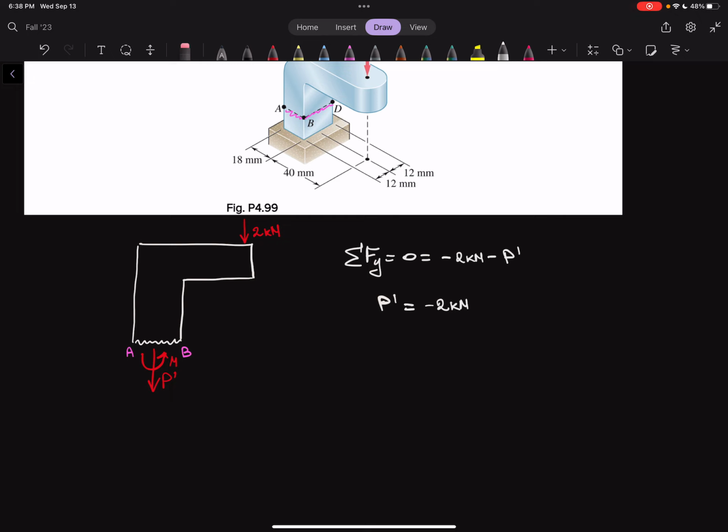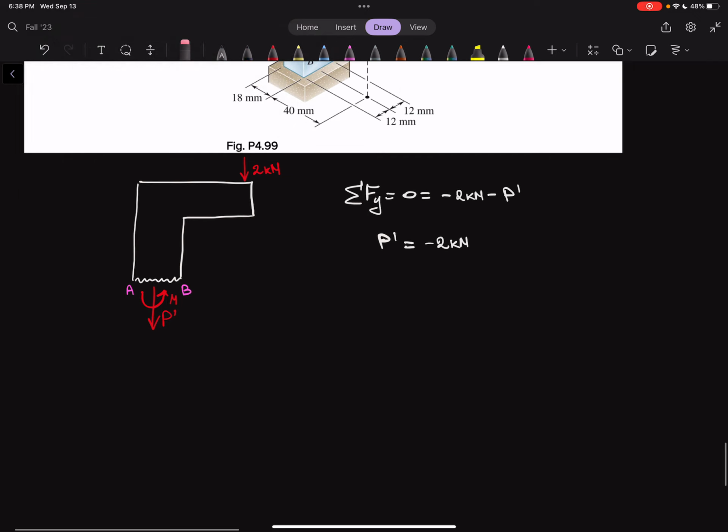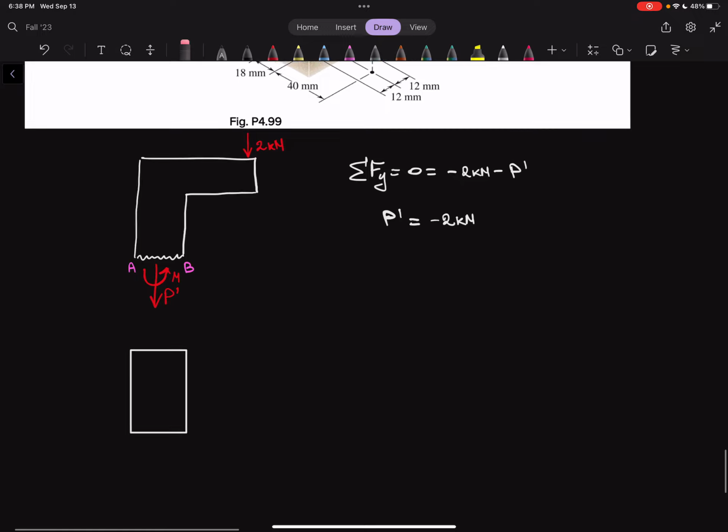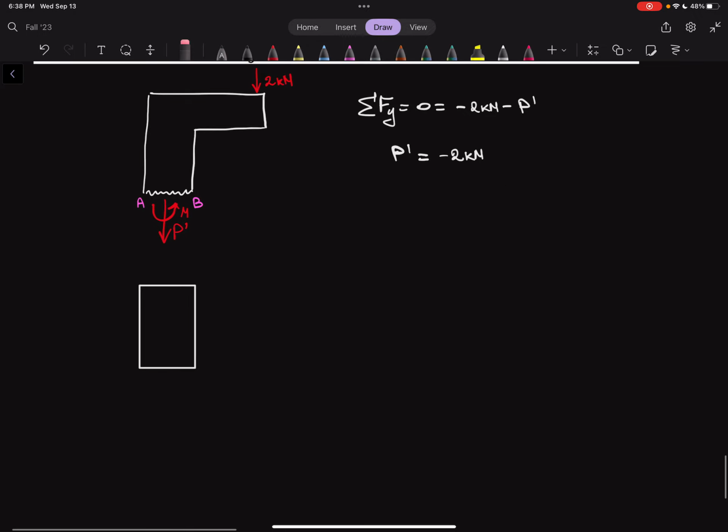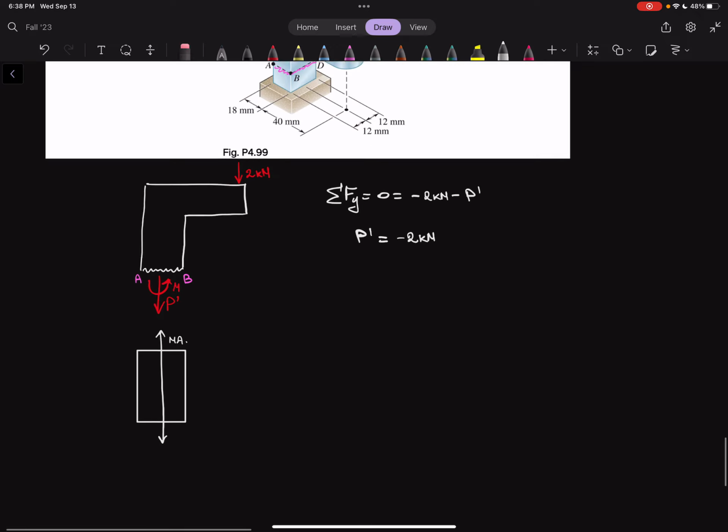Okay. So where does that take us? Well, now let's think about the cross section. This is the cross section. We know it's going to bend along this. So this is going to be basically our Z, our datum, our neutral axis, because we're assuming this has homogeneous density.